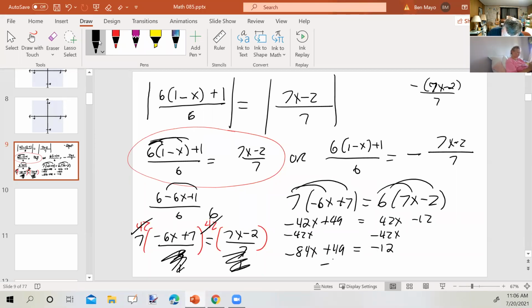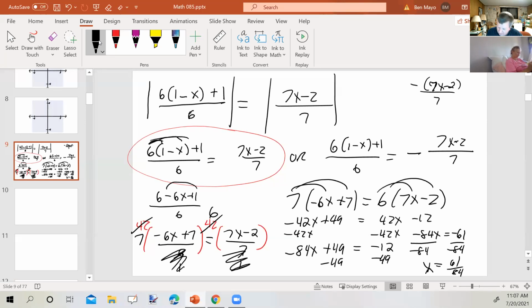Then I subtract 49 from both sides, and I get negative 84x equals negative 61. Then I divide both sides by negative 84, and I get x equals 61 over 84. 61 is prime, so 61 over 84 doesn't reduce. So my first potential solution is 61 over 84.